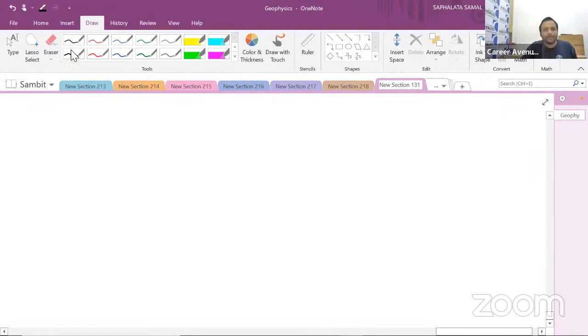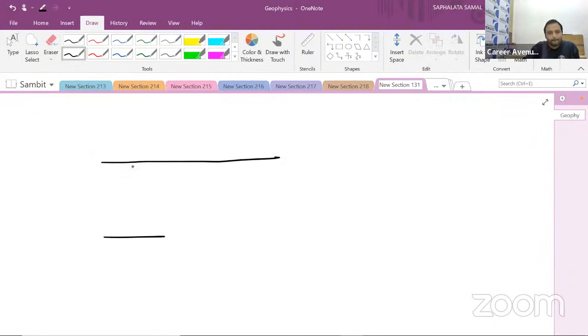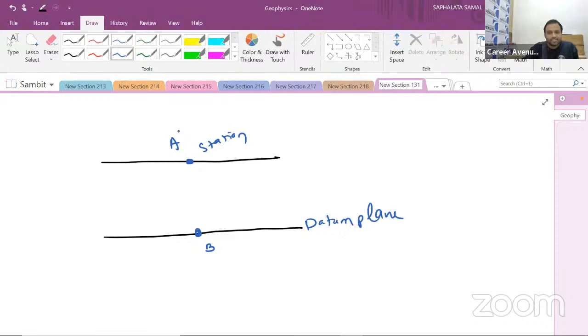Let's say we have a location A exactly below the location B. This is the station. This is the datum plane. Suppose this distance is 20 kilometers, for example.